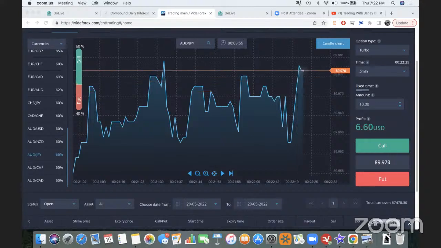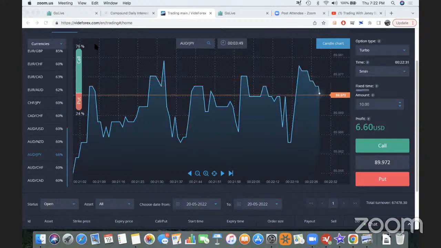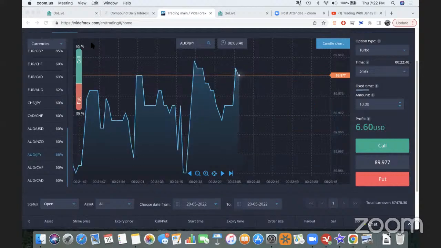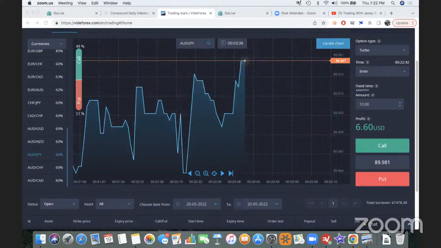So if the entry price says 89.612 or 89.70, you can only enter that trade if it's in between those numbers, but you can enter anywhere in between there, right? Yes.